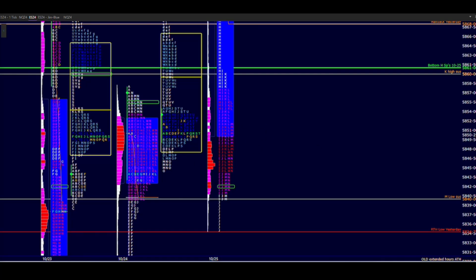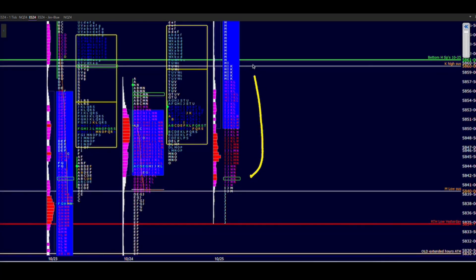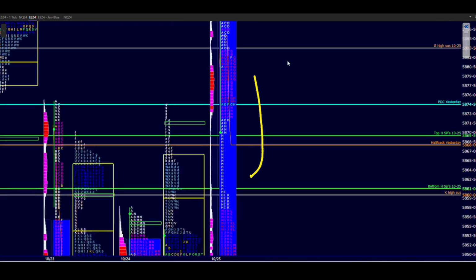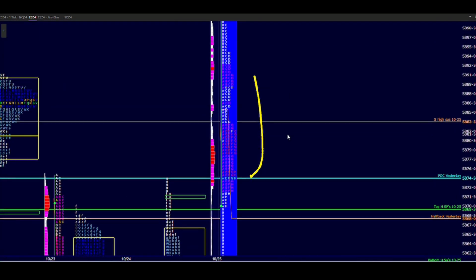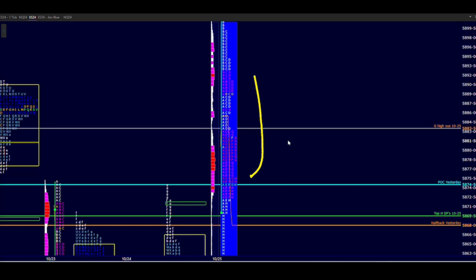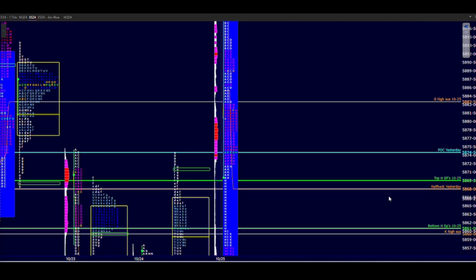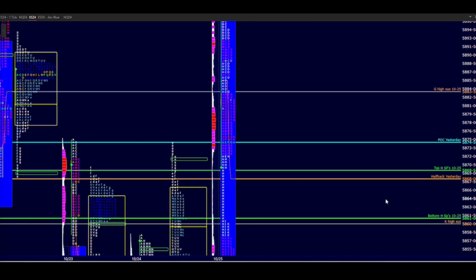So now we started balancing in the lower end of the day's range, where we had some two-sided trade, compared to earlier when we were above the distribution and above the open, and we were having some two-sided trade up here, a little balancing going on here. But now we don't really worry about this upper balance area unless buyers can get back above the 58.70 area.